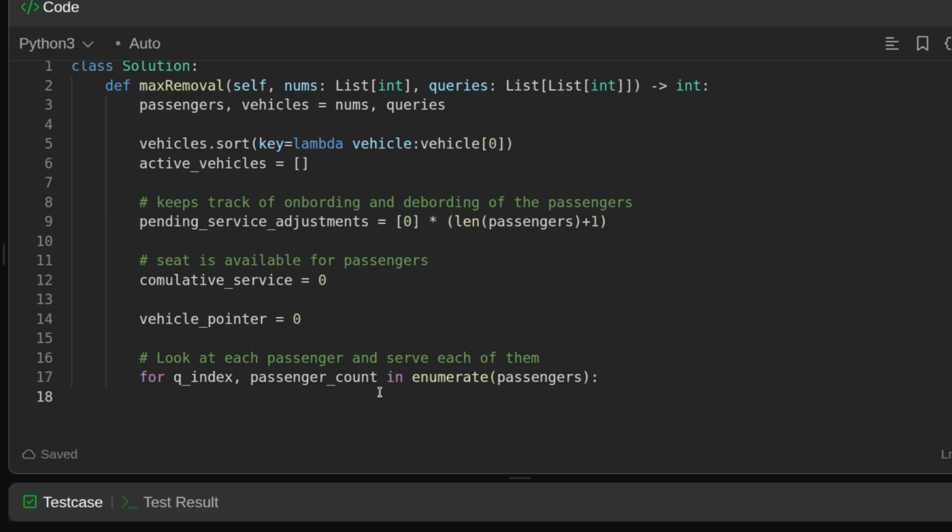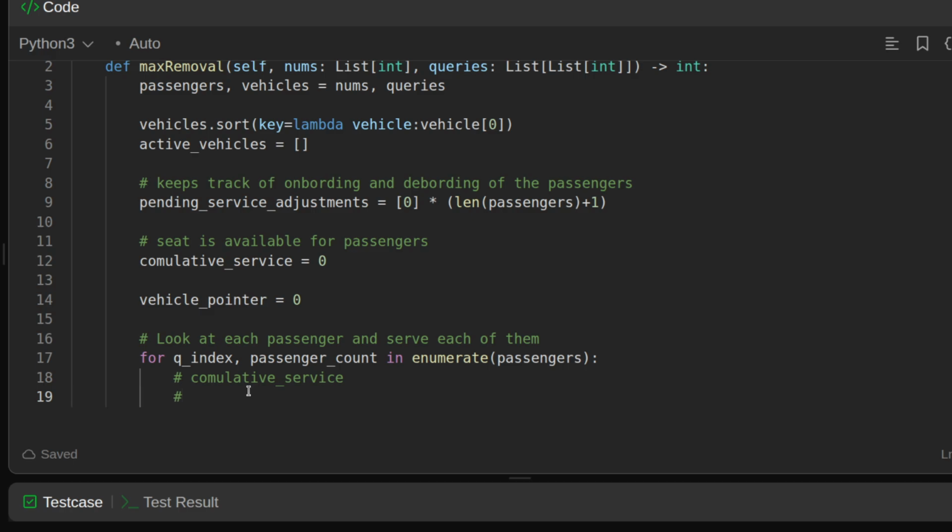Now what I have to look at here, first I have to look at the cumulative services. Cumulative services means onboarding and deboarding processes, right? So look at the onboarding and deboarding processes. First of all I have to do this.